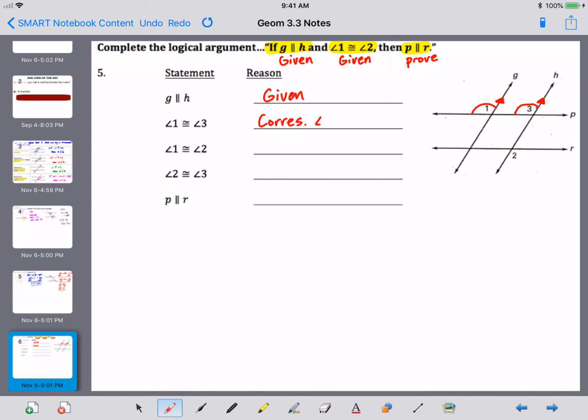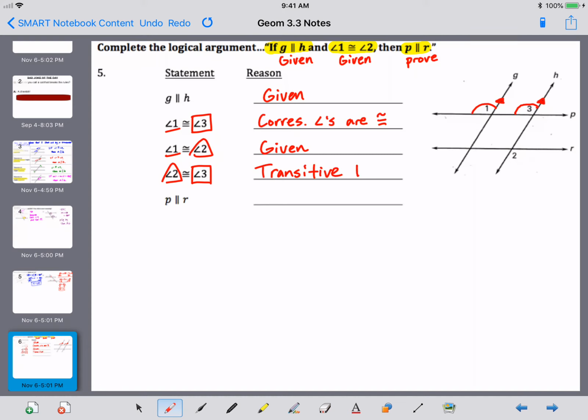So we know that corresponding angles are congruent if the lines are parallel, and they are. All right, we were also given that angle 1 is congruent to angle 2. All right, well now let's see what we got. If 1 is congruent to 3 and 1 is congruent to 2, we can say 2 is congruent to 3. That is the transitive property of equality.